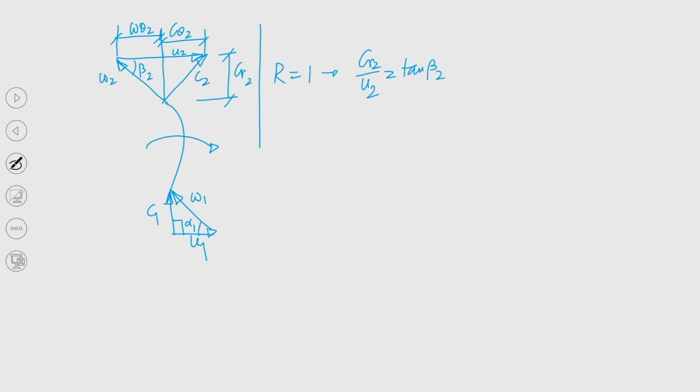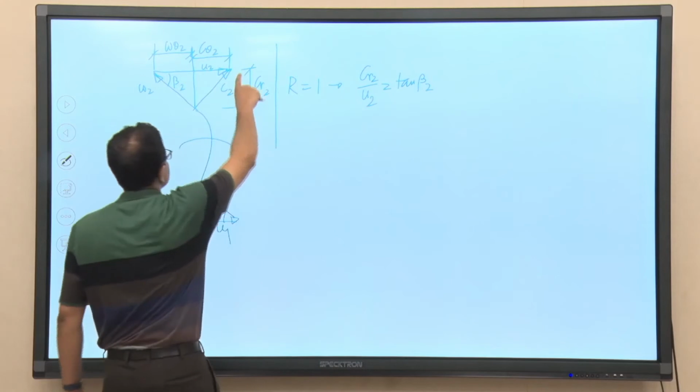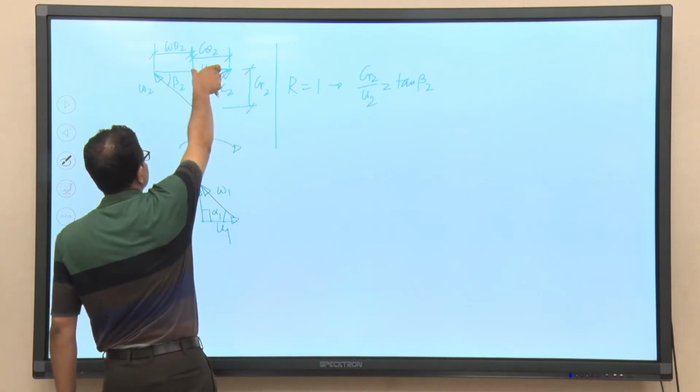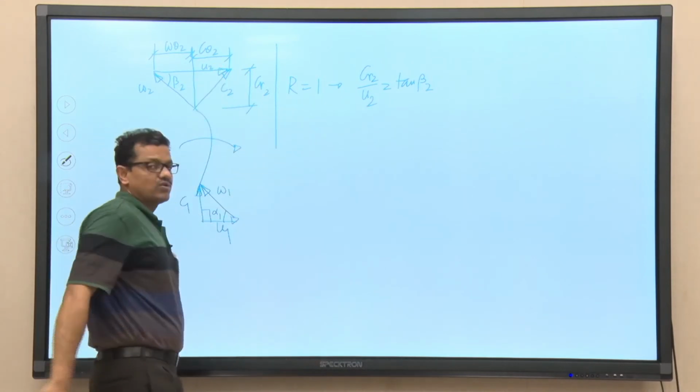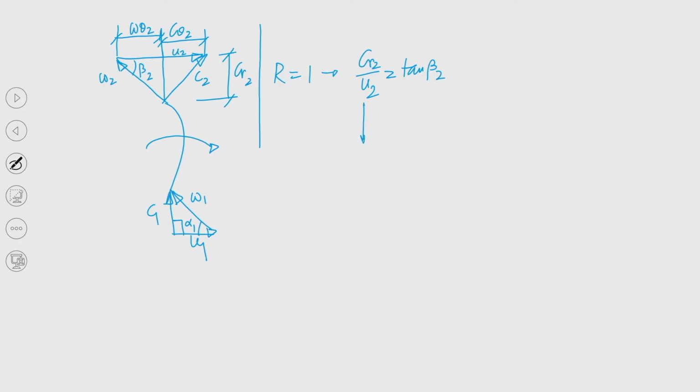Then, to get the degree of reaction equal to 1, we have to design the pump in such a way that the velocity triangle at the outlet is different. CR2 by U2 equals tan beta 2, but this is CR2 and this is U2. If CR2 by U2 equals tan beta 2, then the velocity triangle at the outlet will be like this.